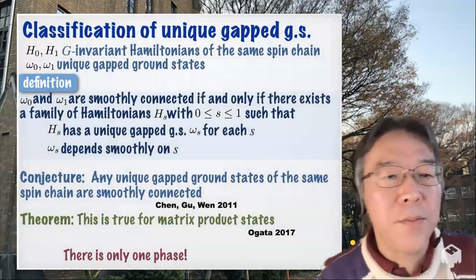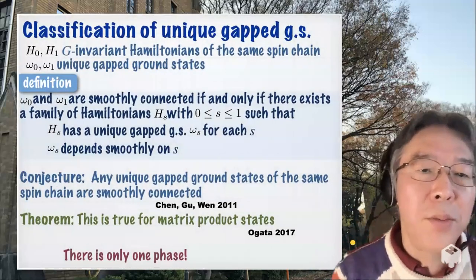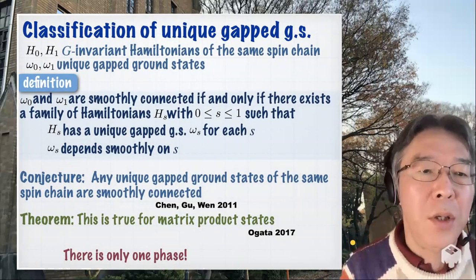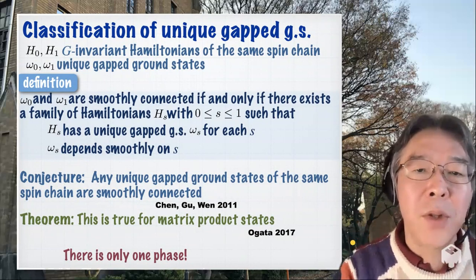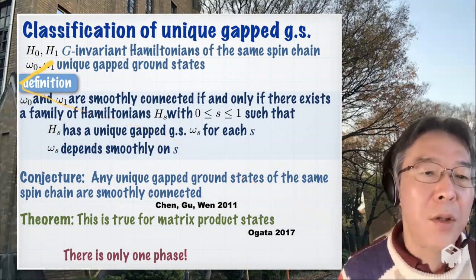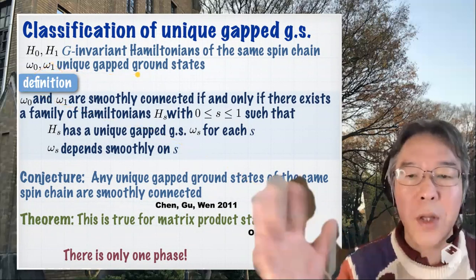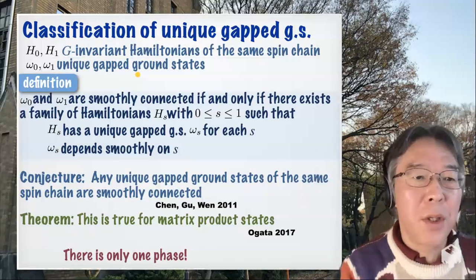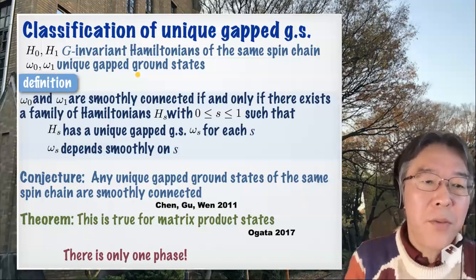Okay, so we look at the classification problem of unique gapped ground states. So let H0, H1 be G invariant Hamiltonians of the same spin chain, and let omega 0, omega 1 be unique gapped ground states. Okay, first of all, here's the definition.